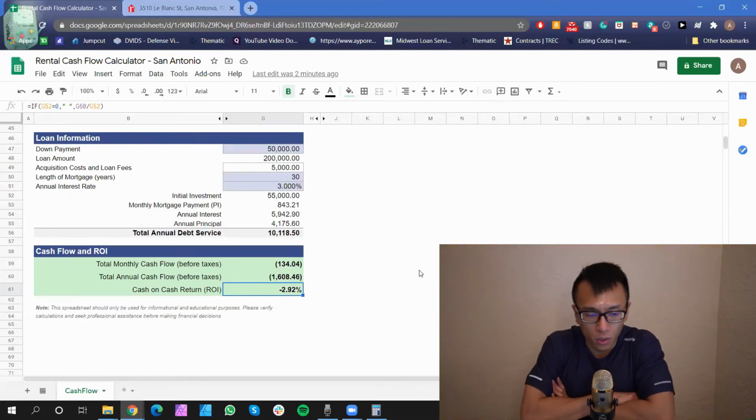All right. So the reason why I think this is a good investment, regardless of me losing about $1,600, is because you have to think about what would you be spending in rent. Based on my research in San Antonio, if I was to live in a decent apartment, even trying to be on the frugal side, a 1-bedroom, 1-bath would cost me about $800 per month.